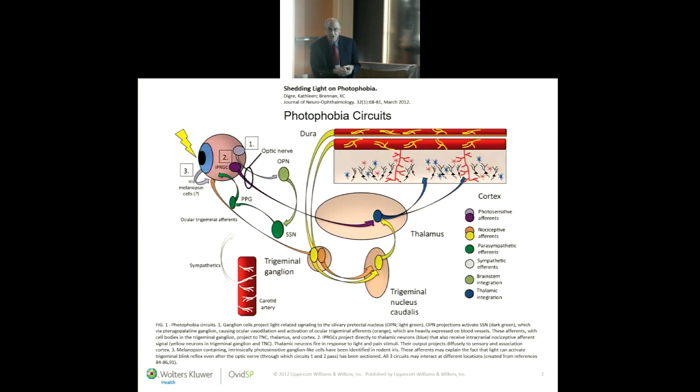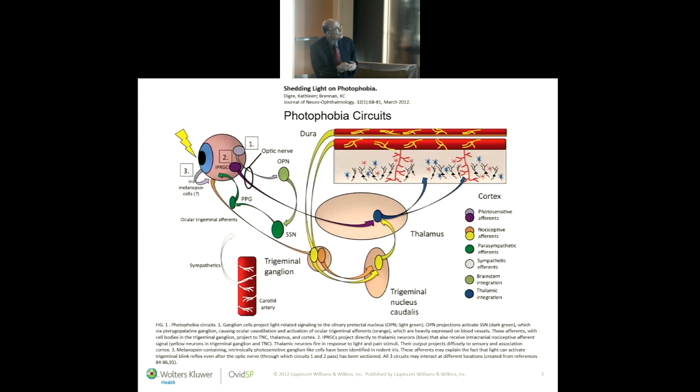The other group of patients that have trouble with photophobia, in addition to blepharospasm patients, are migraine patients, and they have abnormalities in the dura of the brain. So there are these interconnections here with sensory implications of what's going on with this type of input.